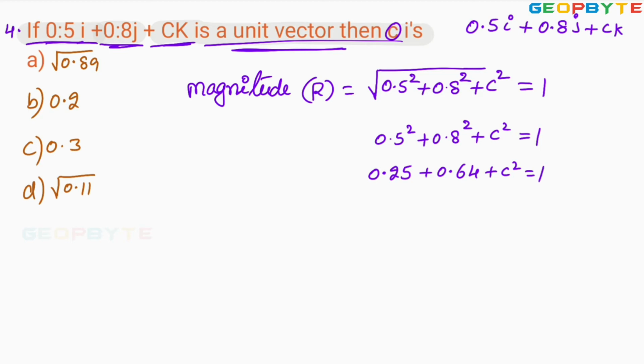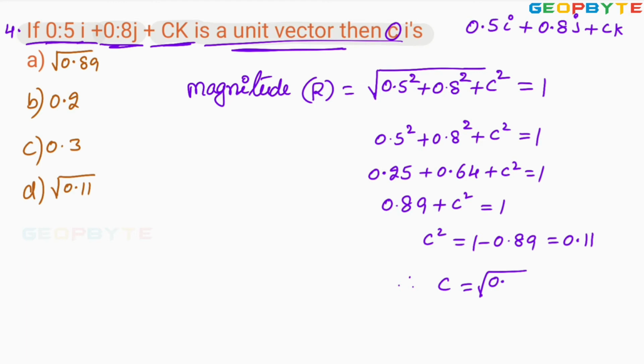From this I can write that it is 0.89 plus c square is equal to 1, or c square equal to 1 minus 0.89, which is 0.11. Therefore, c equal to root over 0.11. That is the answer.